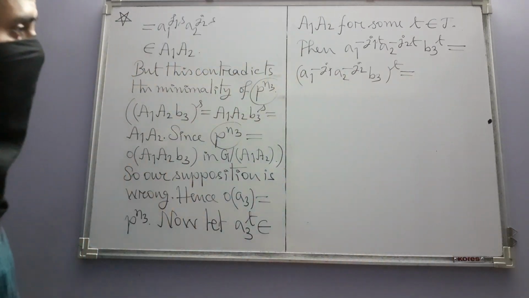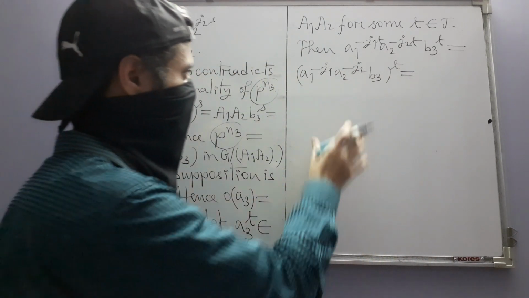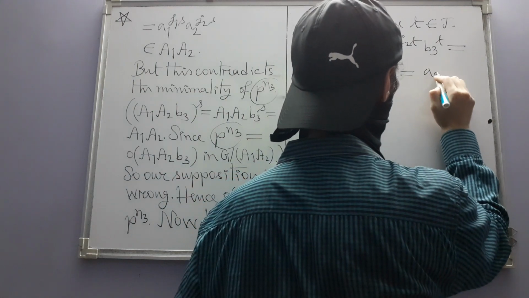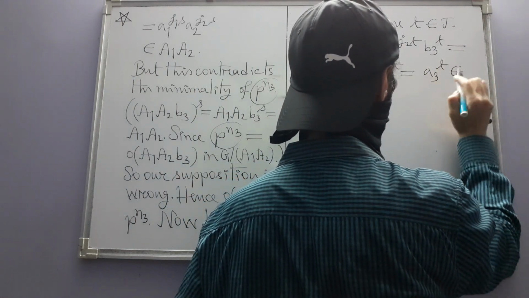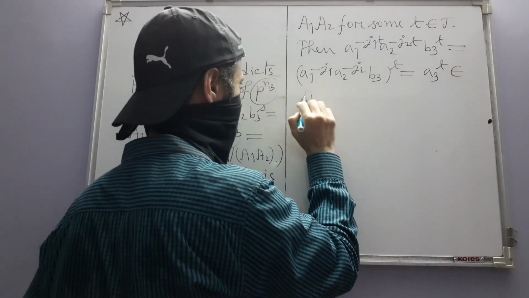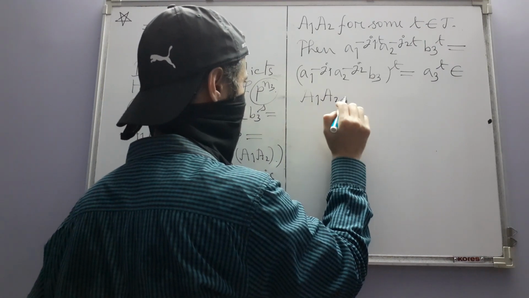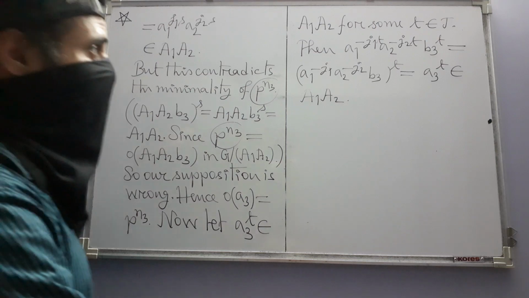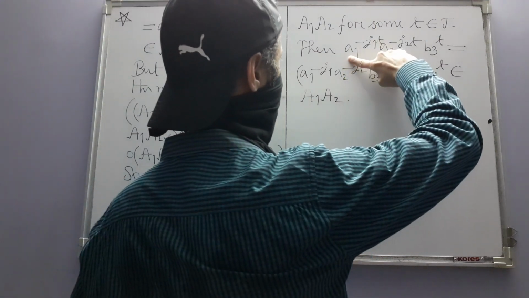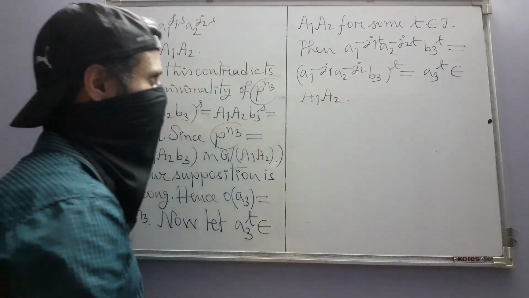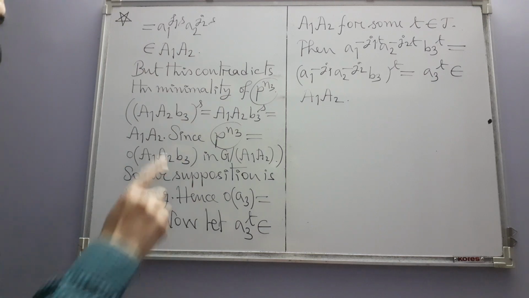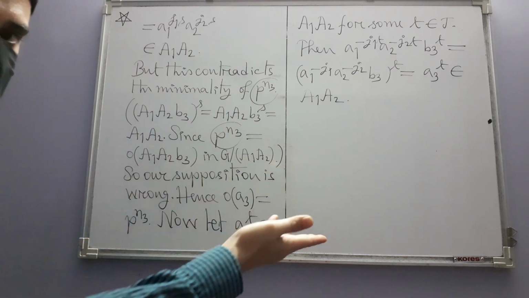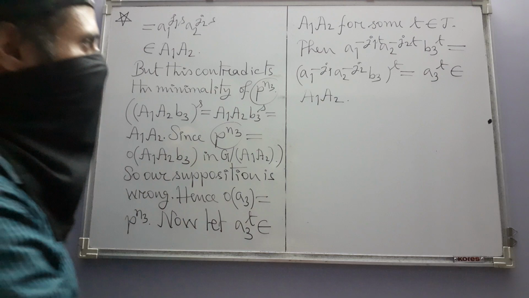Alright, now this is A3, this element. That means you have A3 to the power t, which of course by our assumption belongs to A1, A2. However, this element already belongs to A1, A2. I was thinking about that before doing this calculation, so that created the confusion.